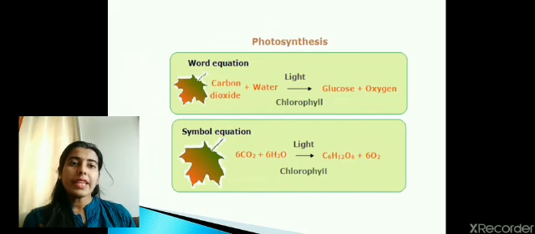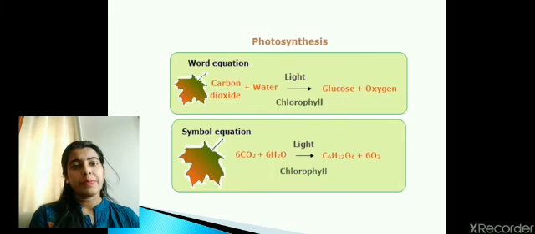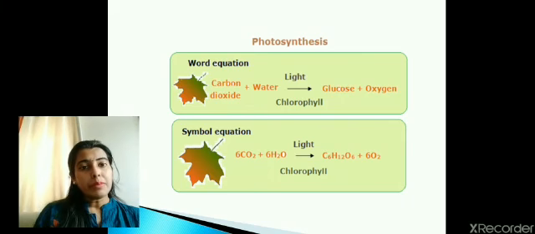Here you can see the chemical reaction. Carbon dioxide plus water in the presence of light and chlorophyll gives you glucose and oxygen. So in chemical symbols it can be written as 6CO2 plus 6H2O, that is carbon dioxide is combining with water. In the presence of light and chlorophyll it gives you glucose.